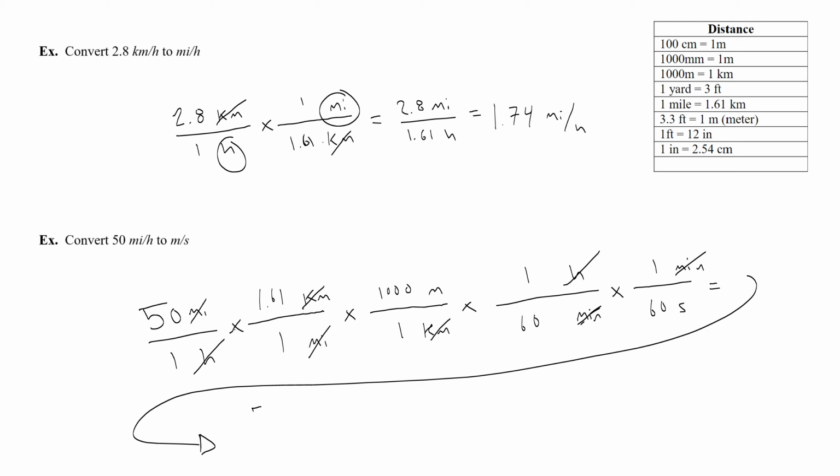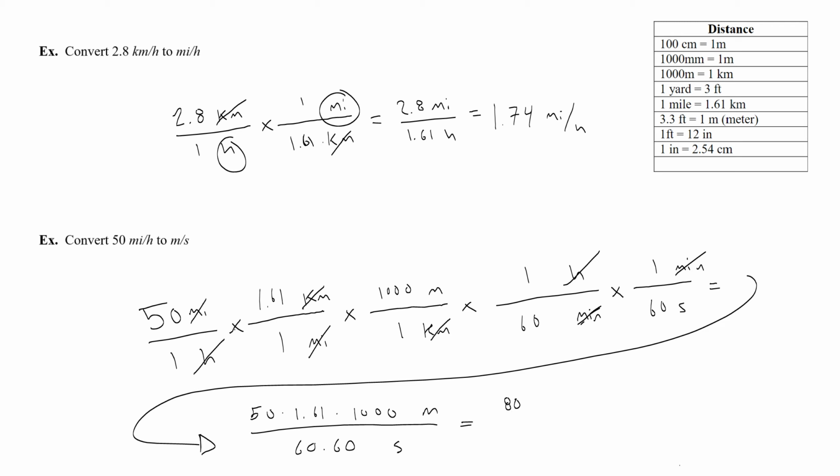So now I know I've got 50 times 1.61 times 1,000 on top, and that's going to give me meters over 1 times 1 times 1 times 60 times 60 seconds. Okay, so 50 times 1.61 times 1,000 is 80,500.